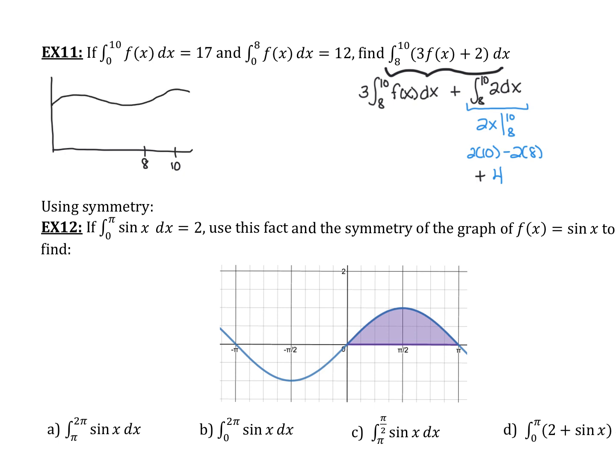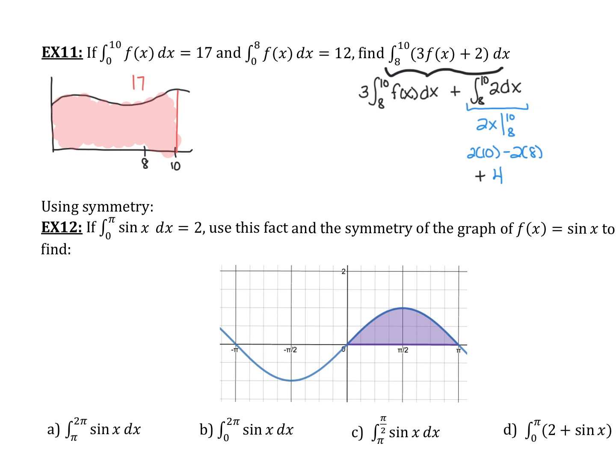Maybe it looks like this. We don't know. But what this says is that the integral from 0 to 10, this portion right in here, this integral is 17. Okay, so that area under the curve is 17, total thing.